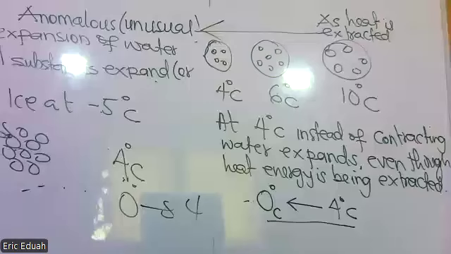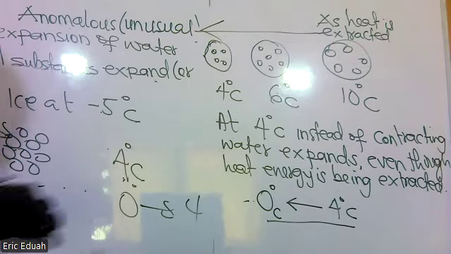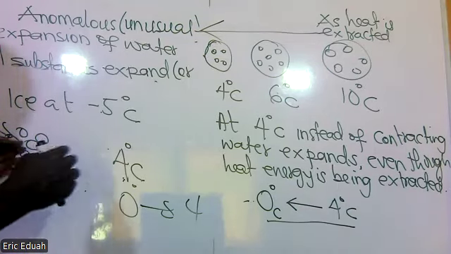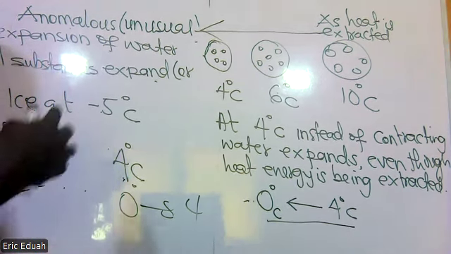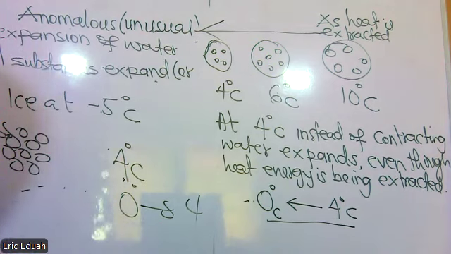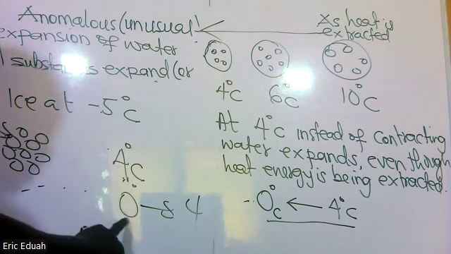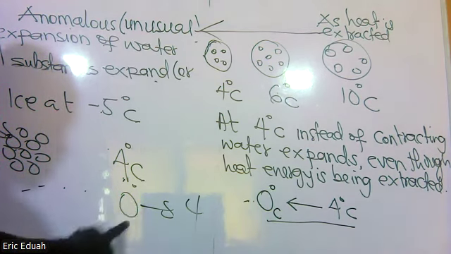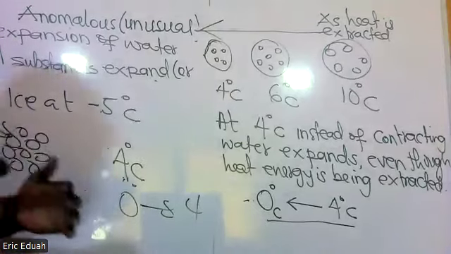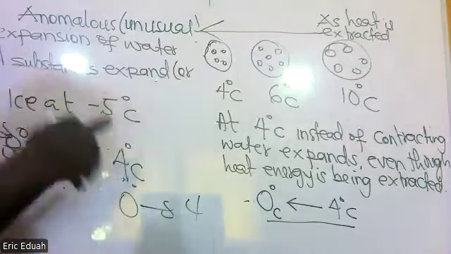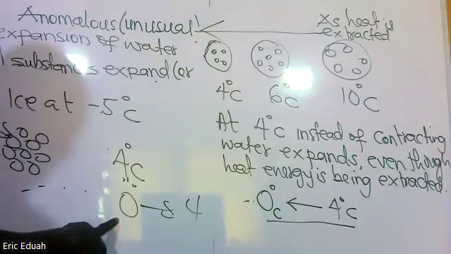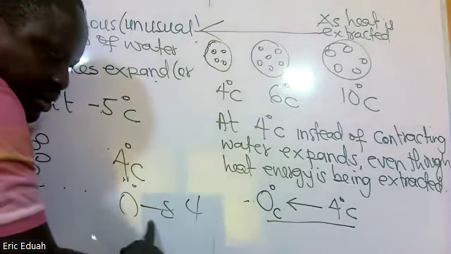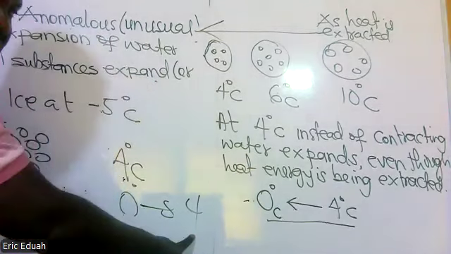Exactly. The whole idea is that as we heat, it is from negative. So as it absorbs heat, it must expand. But when it gets to 0, instead of expanding, even though it is gaining heat, it would contract, and go on and on till it gets to 4 degrees Celsius.